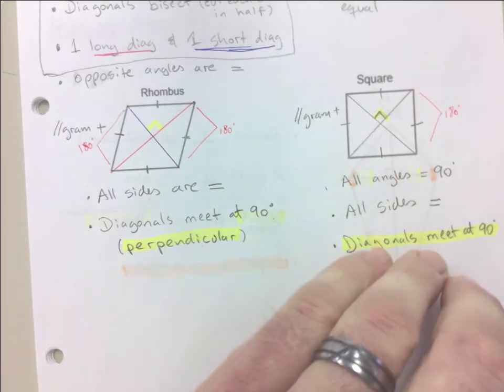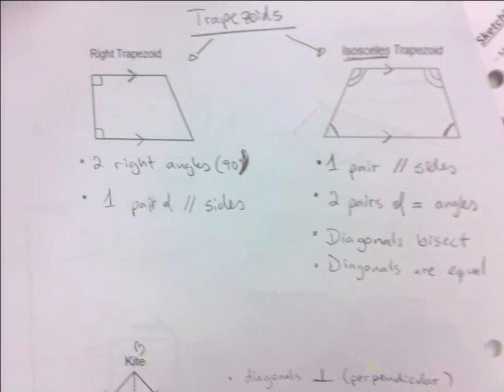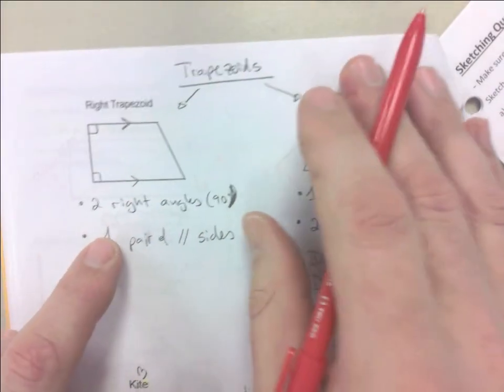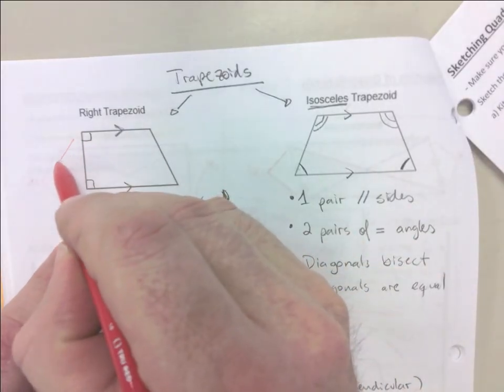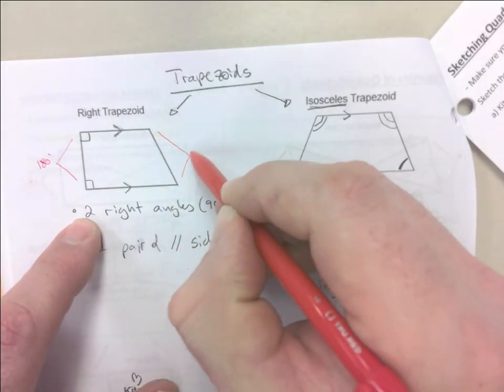Okay. Let's keep going to 27. Here's where it matters most. Go here to 27. These are a 180. Same with these ones. They add up to 180.